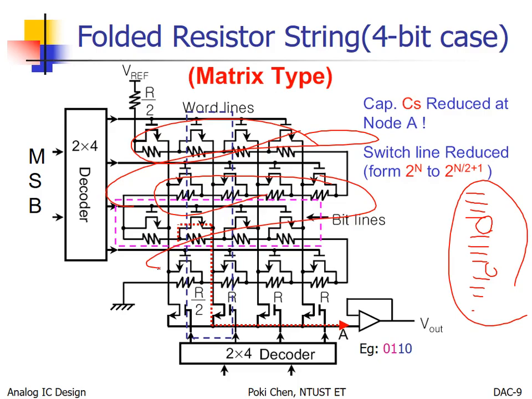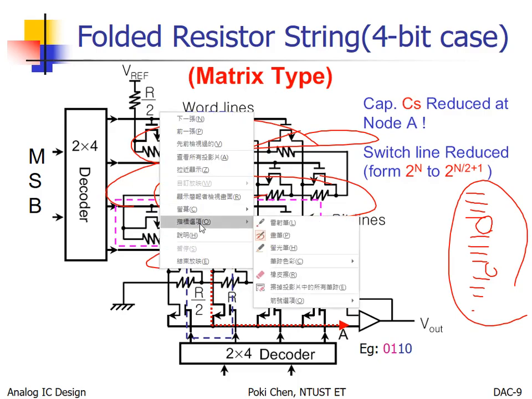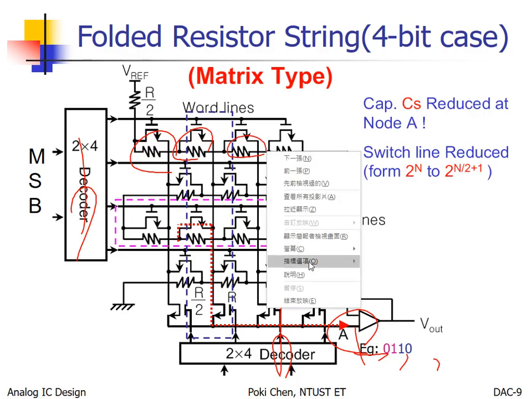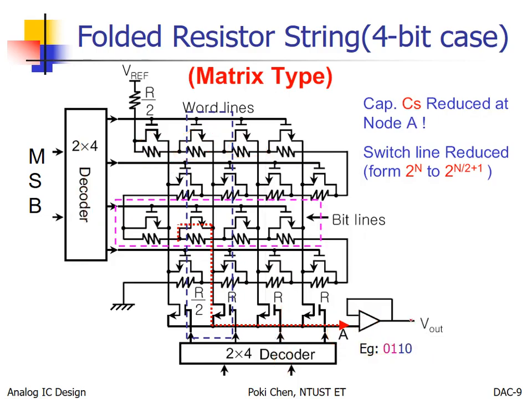Anyway, even though we have two major advantages, I can reduce the size and reduce the parasitic capacitance, you can see all the resistors still need to match each other because the voltage is still from the maximum to the bottom.